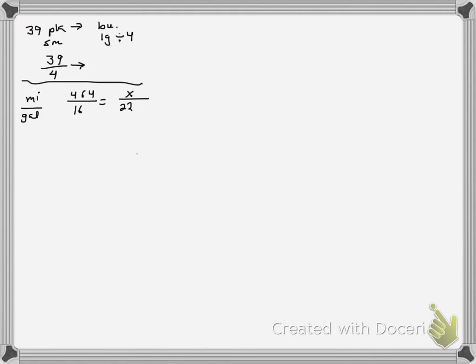And so you would certainly just go 16x equals 464 times 22. I would go ahead and bring the 16 over and do that division so that I can cancel before I multiply the 464 out.